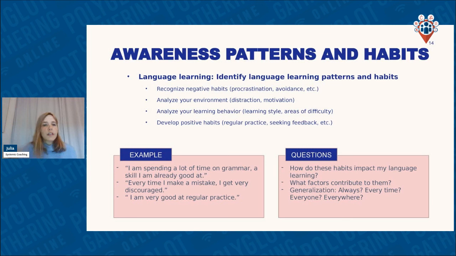So you could recognize negative habits such as procrastinating or avoidance, bring them into connection with your beliefs and values to understand when this is actually happening, analyze your environment and what kind of impact that has on your habits and on your learning behavior, and then get to a point, ideally, where you can develop more positive habits, such as, for example, regular practice or seeking feedback that could help you to overcome.